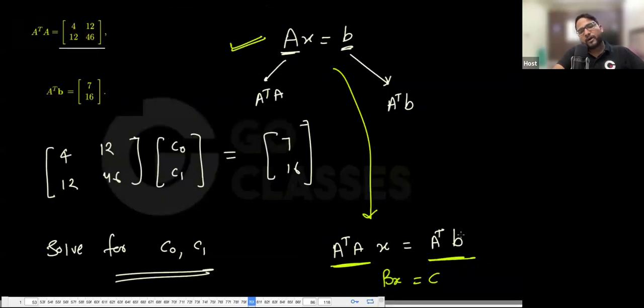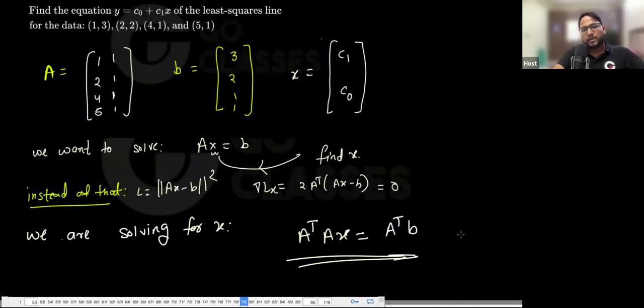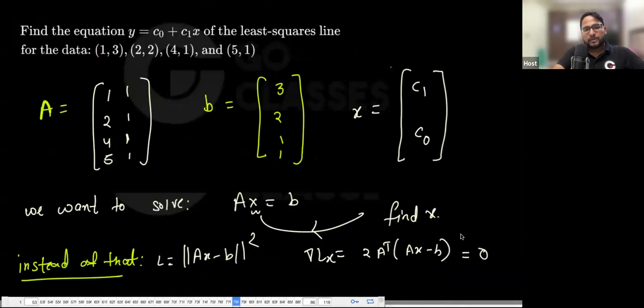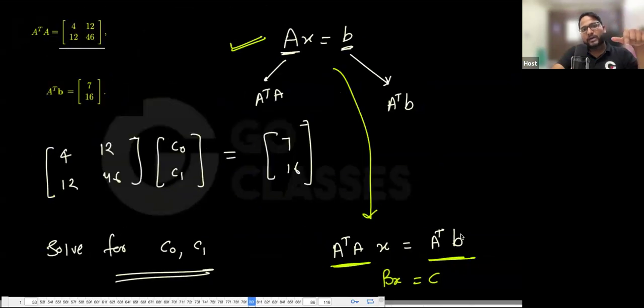Just gather your A, your X, your B, calculate A transpose A, calculate A transpose B, make a new system of linear equations and solve for it.